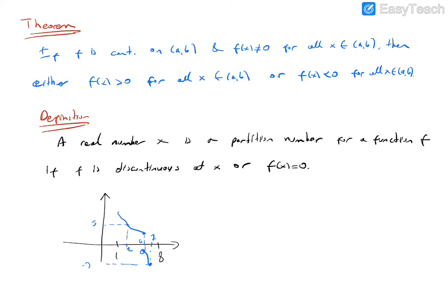So suppose that P1 and P2 are consecutive partition numbers for f. That is, there are no partition numbers in the open interval P1, P2. So here this is the one partition number P1, this is the second partition number P2. Maybe we have another partition number P3 somewhere here.